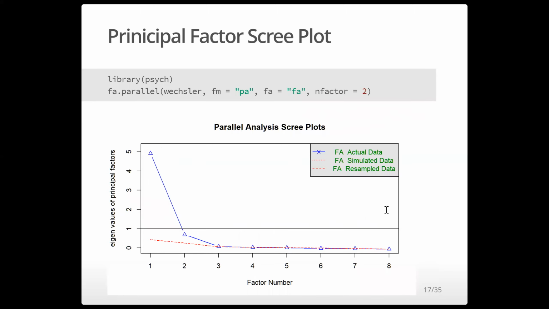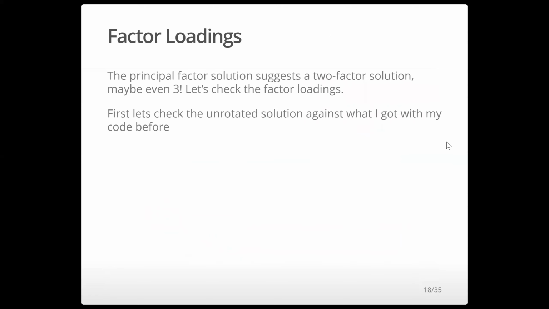So this is my Scree plot based on the principal axis or principal factor method with factor analysis, not principal components analysis. So this is based on the communality matrix of the factor solution. And I'm using 2 factors. Usually you can just ignore this argument and leave it as 1, but here I'm using 2 because I know that I'm expecting 2, and that's what everything's been based on so far.